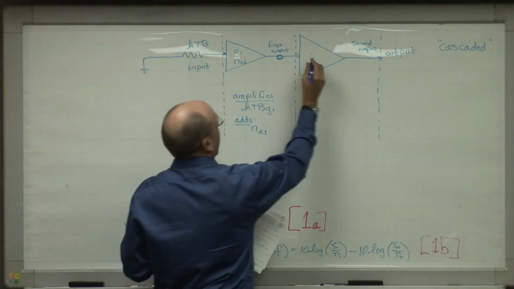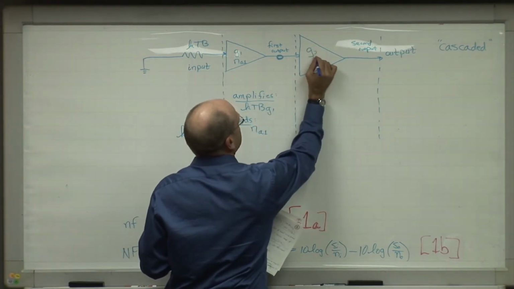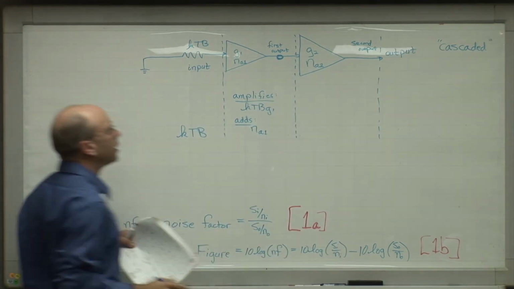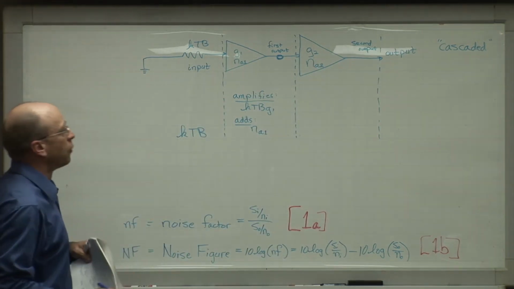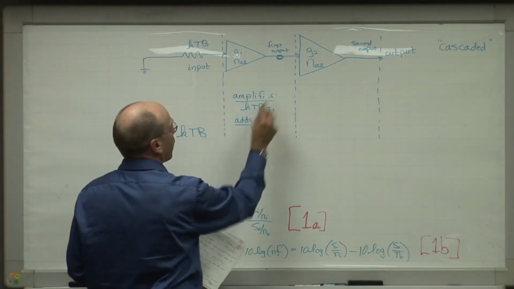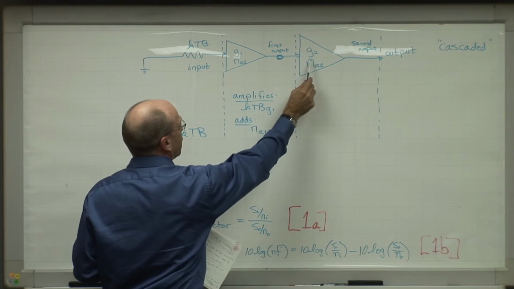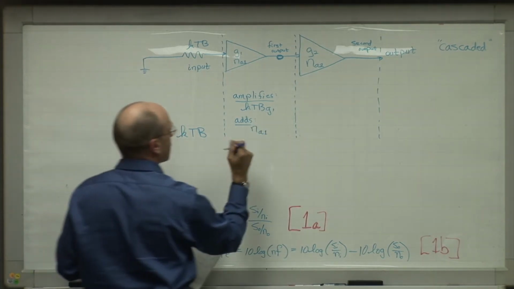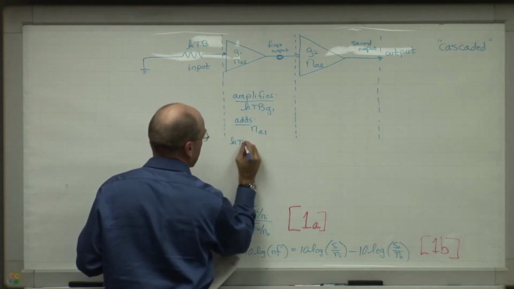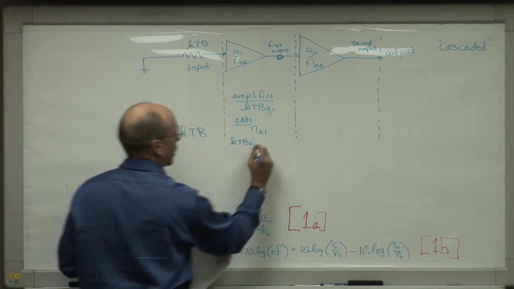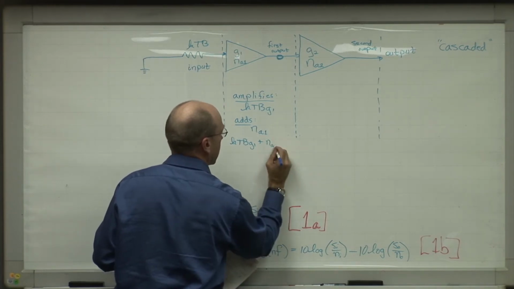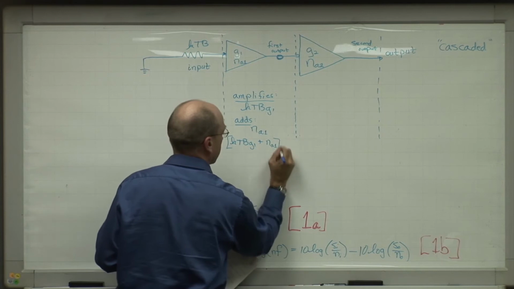Now, this power goes into the next amplifier that has some gain characteristic G2, and some additive noise characteristic, the amount that it adds, which is N_A2. What it's going to do, of course, is first of all amplify its input by a factor G2. Well, what's its input? Since the total output here was kTB G1 plus N_A1, that's its total power output.